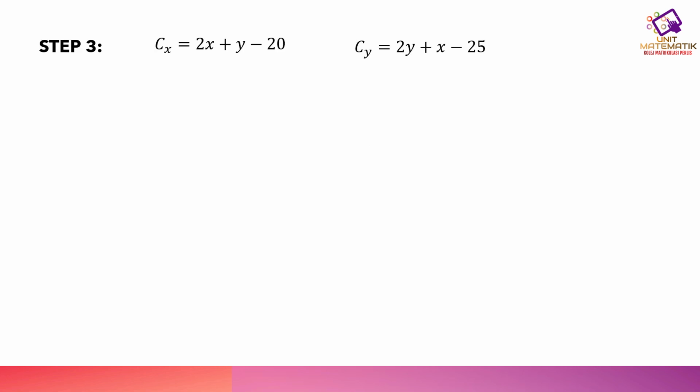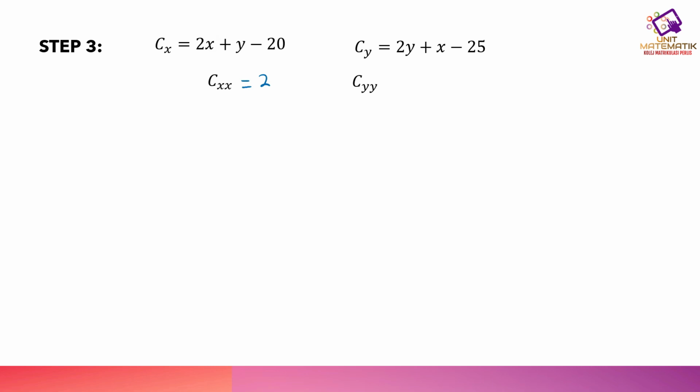Let's proceed to step 3. From C sub x and C sub y, we will find the second order derivatives so that we can substitute the values into the test formula. For C sub xx, we have the term 2x, we differentiate, you get 2.